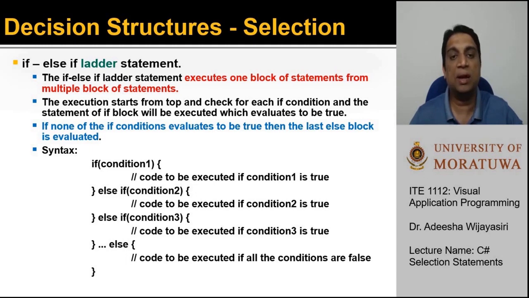This process will continue until the execution finds the first condition, which evaluates to true. If none of the if conditions evaluates to be true, then the code block of the last else clause will be executed.